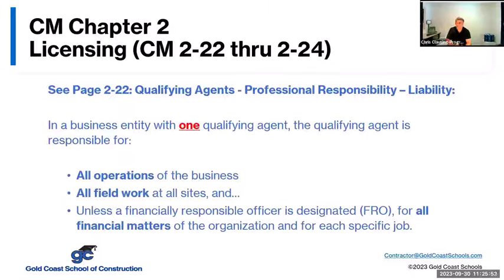Now, one is very easy, and of course you're going to do that, and that's all done on one application. If you're qualifying 2 businesses, you will most likely appear in front of the board. They're going to ask you about that. If you qualify 3 businesses, then that's when they really start to look at you very, very closely.